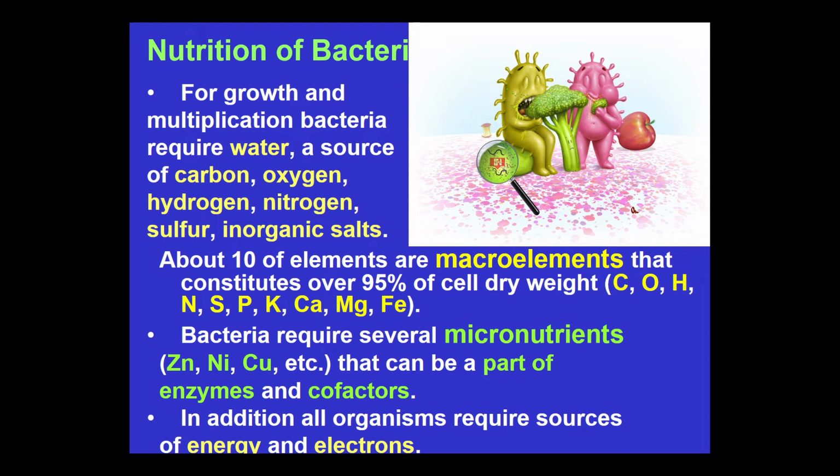As for other organic organisms, we use carbon, and carbon is one of the most important elements. Those are called macro elements, right? And these are also oxygen, hydrogen, nitrogen, sulfur, inorganic salts, and altogether we can see 10 of them here. But then bacteria also require so-called micronutrients, that can be part of enzymes or cofactors. And in addition, they need energy.